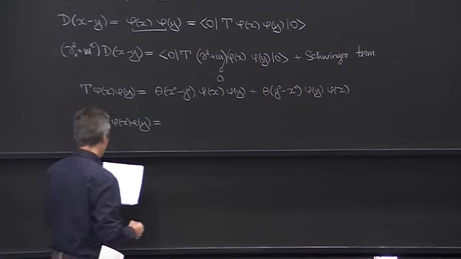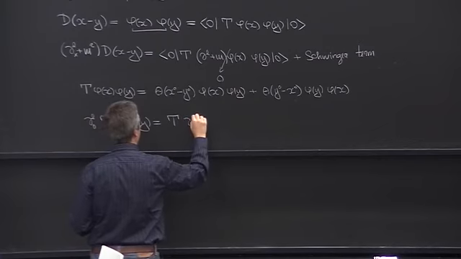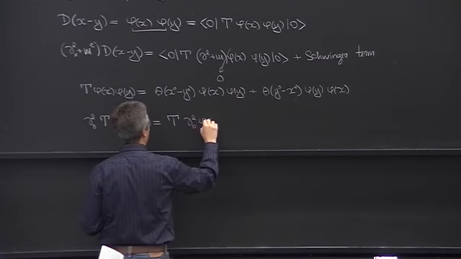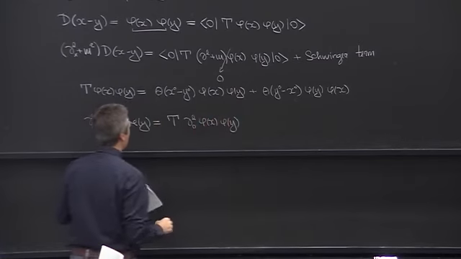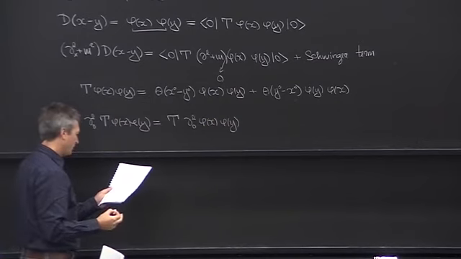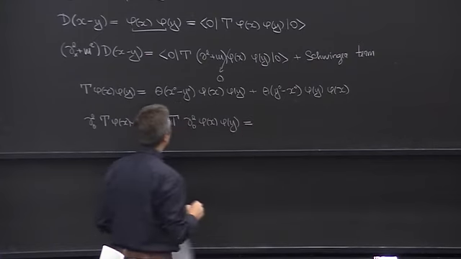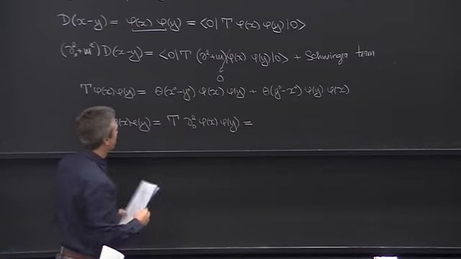So first of all, there will be a term where both derivatives act on the phi. Then there will be a term where one time derivative acts on the theta function and the other on the phi.